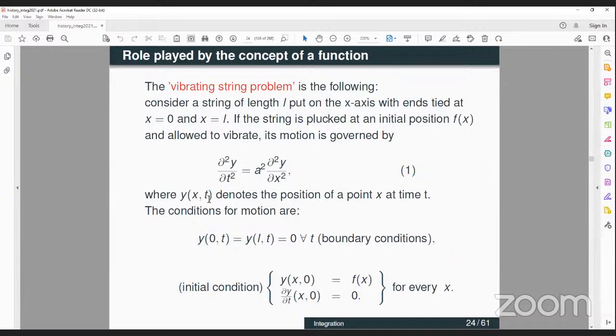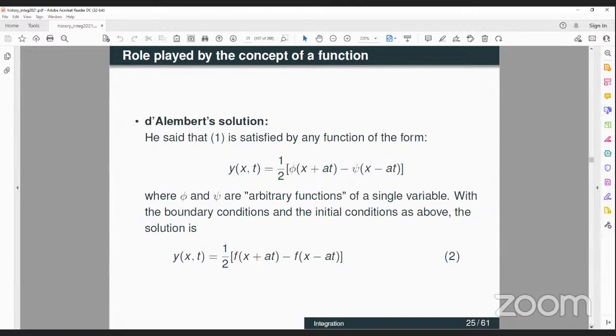So the position of the particle vibrating in the string depends on two things. It is a function of two variables in our modern language. The motion is governed by this kind of equation.